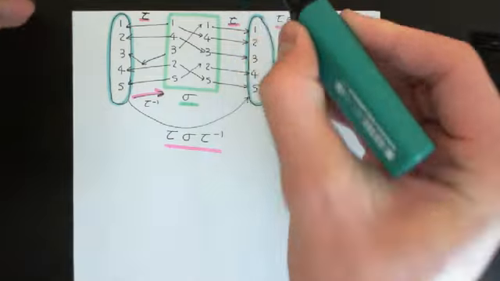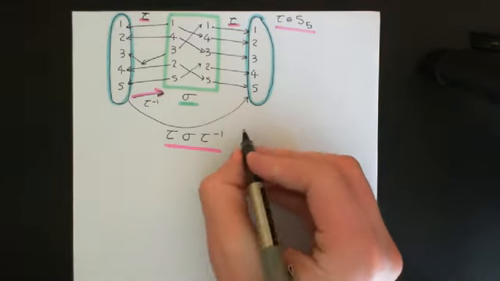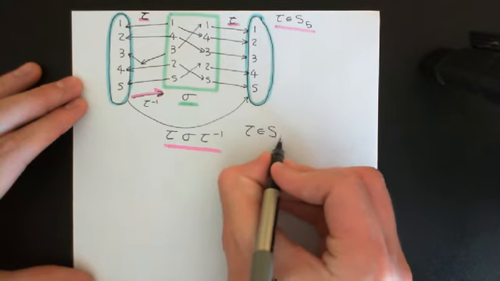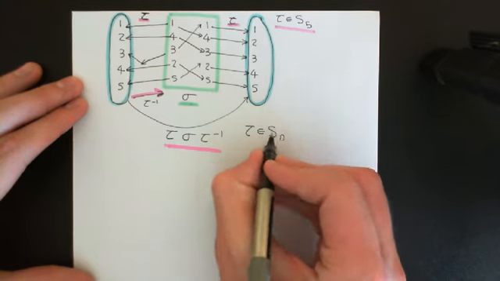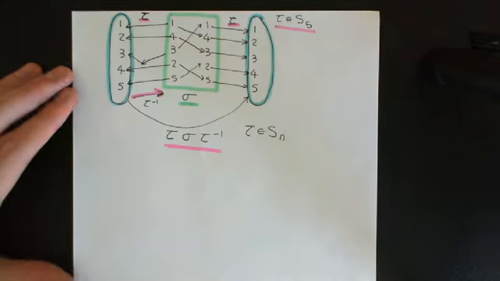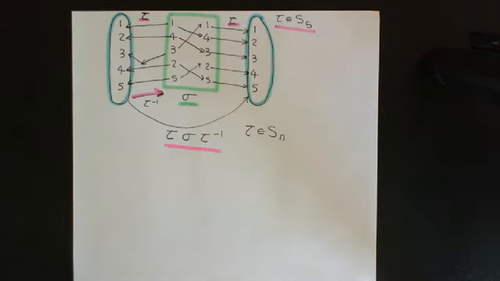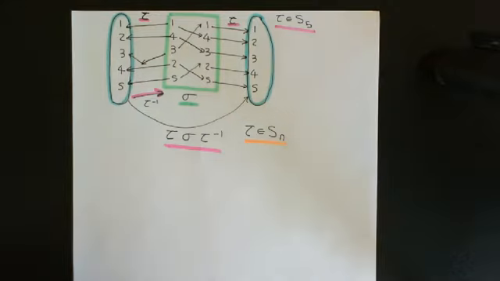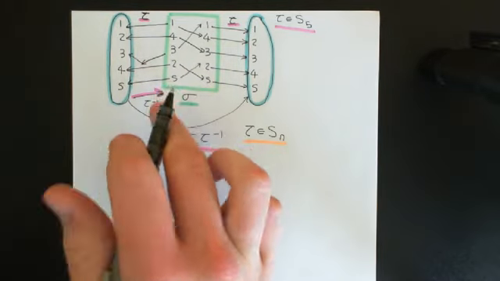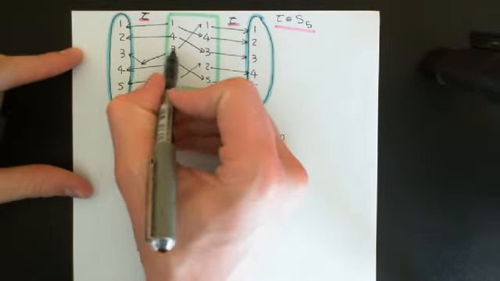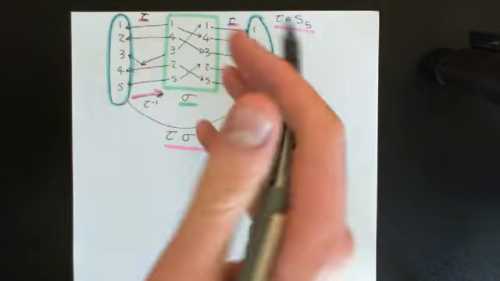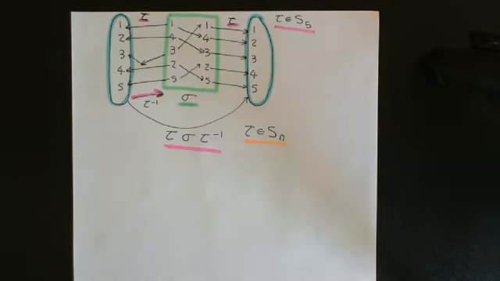Okay, so tau was an element of our symmetric group on the set of n elements, and I'm now going to generalize, so we'll go on to the set of n elements rather than just staying with the set of 5 elements. It was a relabeling map that was telling us how to relabel the elements of the domain and codomain, sending them on to something else, which was a set permutation.